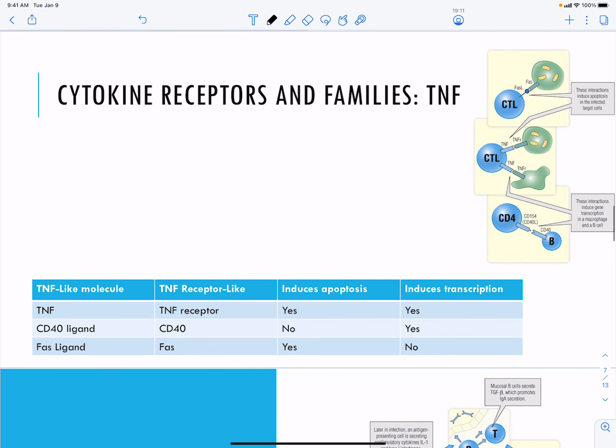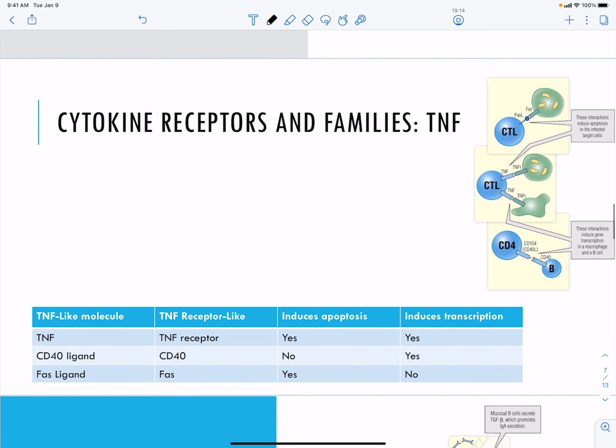All right, so let's talk a little bit about something called receptors and families. So we have things called superfamilies. So TNF superfamily, receptor superfamily. So the TNF receptor has a cytoplasmic tail, which has a death domain, and it can activate caspases. So another member of the TNF members are CD40 and Fas ligand.